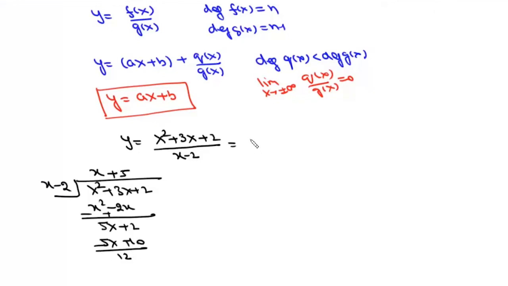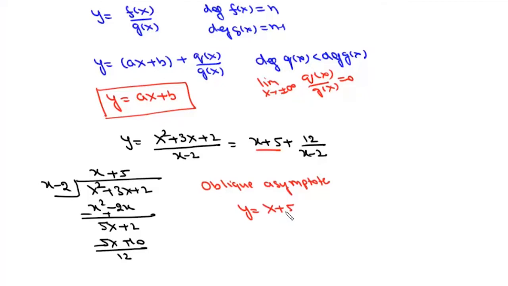So we can write this as x plus 5 plus 12 upon x minus 2. Now if we take this limit as x tends to plus infinity or minus infinity, this expression will be 0, then it will be this straight line. So the oblique asymptote for this function y equals (x square plus 3x plus 2) upon (x minus 2) will be simply y equals x plus 5.